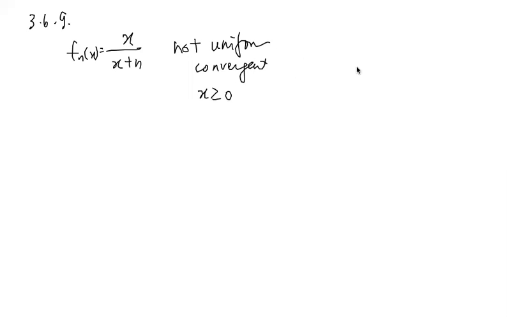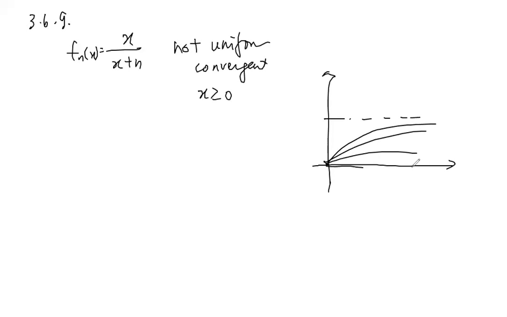We know that this is not uniformly convergent simply because I think this is the same situation as just now. It's not uniformly convergent because for any arbitrary cutoff epsilon, so this is your 0, you can always find something that exceeds epsilon.